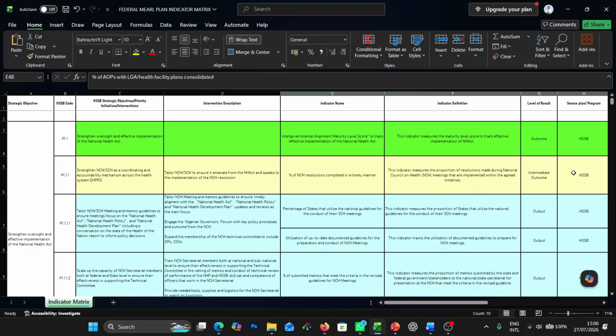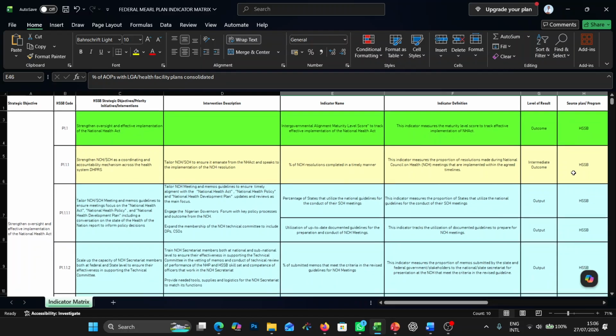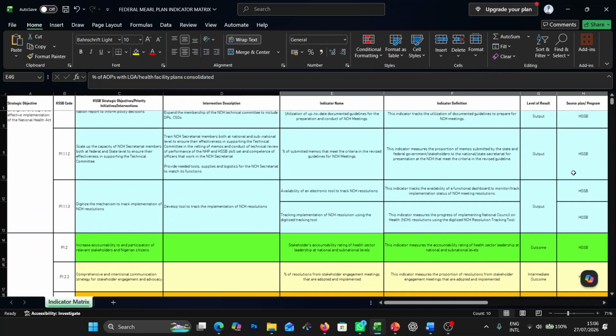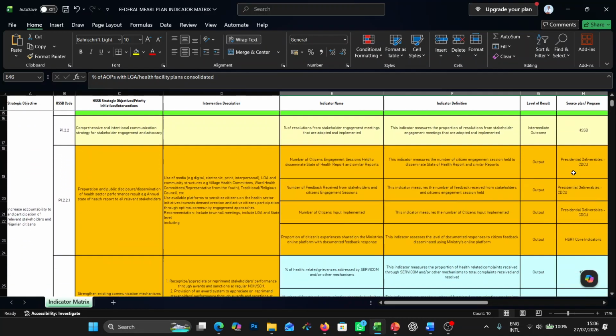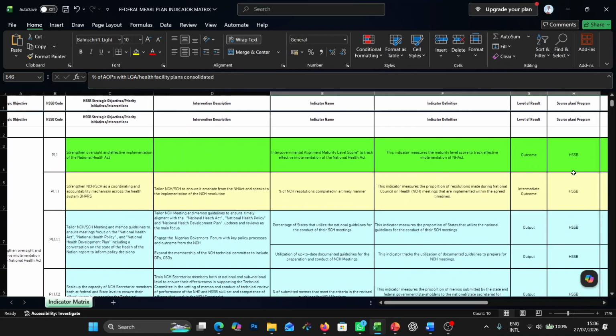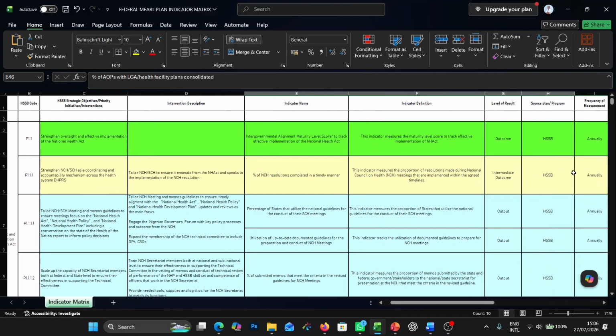Okay, and the PMP, like I mentioned, we have on the two, there is an indicator matrix that has been developed to explain better what these indicators are. Just as you can see, we have the different color codes that I've mentioned, the green, the yellow, the orange, then the blue. So these indicators have been mapped to the objective, the priority initiative, the intervention.